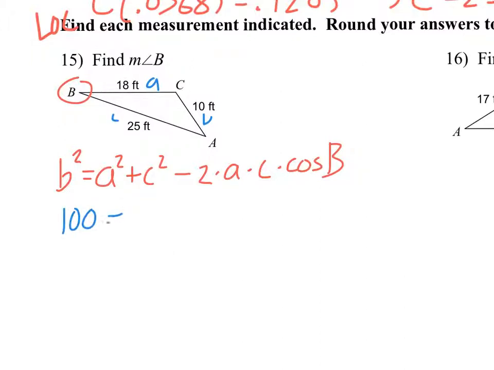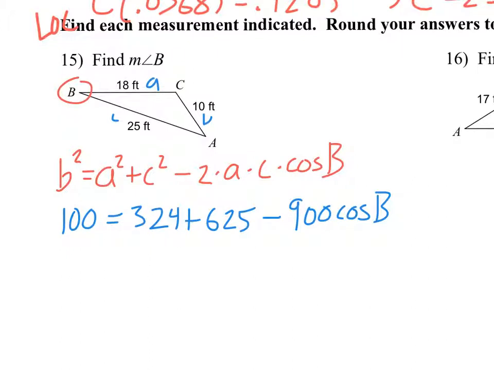100 for 10 squared, a, 18, so 18 squared is going to be 324, 25 squared is going to be 625. These are really big numbers. Minus, I don't know why I'm doing these all out, but that's okay. So 2 times 18 times 25 is going to be 900 cosine of b.